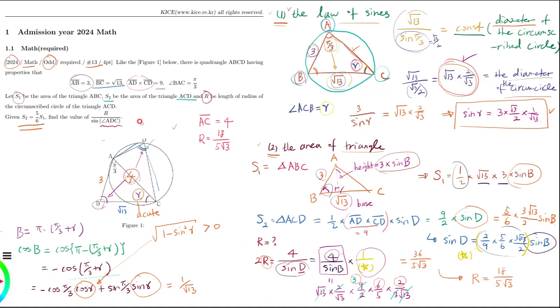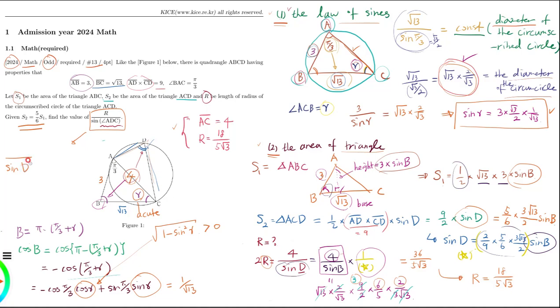So if you combine those two values, you can get this value, because this value is nothing but sine of angle ADC.